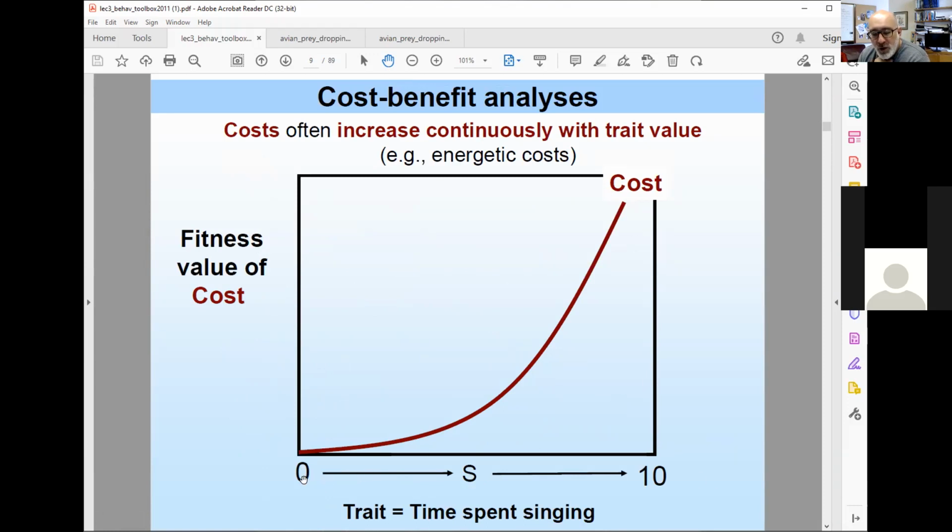Along the x-axis you have 0 to 10 hours, and then you have a fitness value in terms of cost, which could be an energetic cost. This cost curve is often exponential. It increases continuously from 0 to 10, so the longer the time spent singing, the more costly it is.